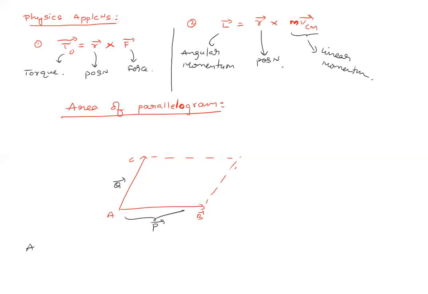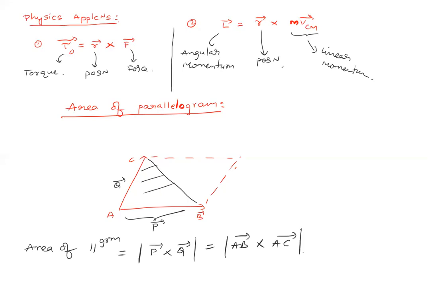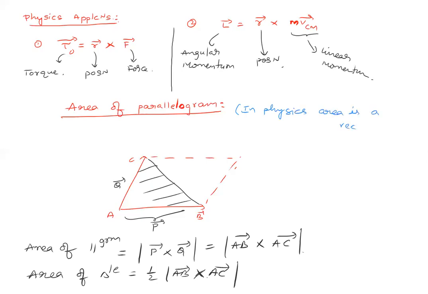Your area of parallelogram is mod of P bar cross Q bar, which is mod of AB bar cross AC bar. And if you want only the shaded triangle's area, it is half of AB bar cross AC bar. And remember, in physics area is a vector quantity.